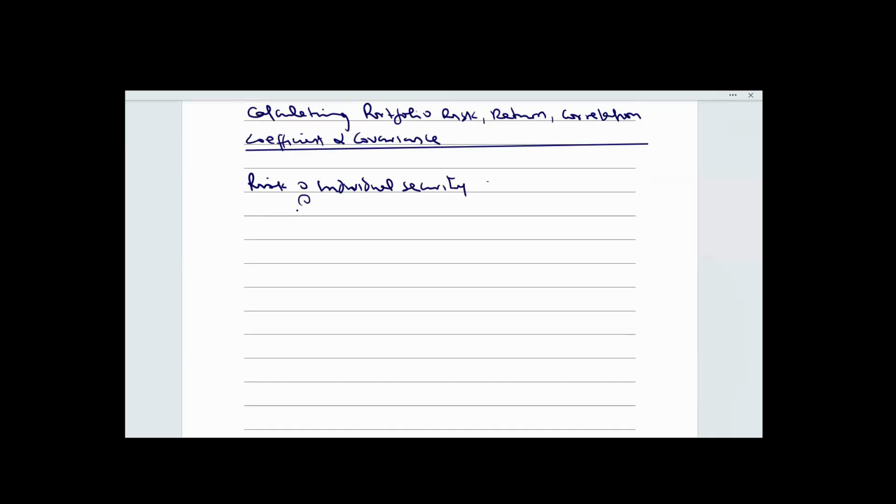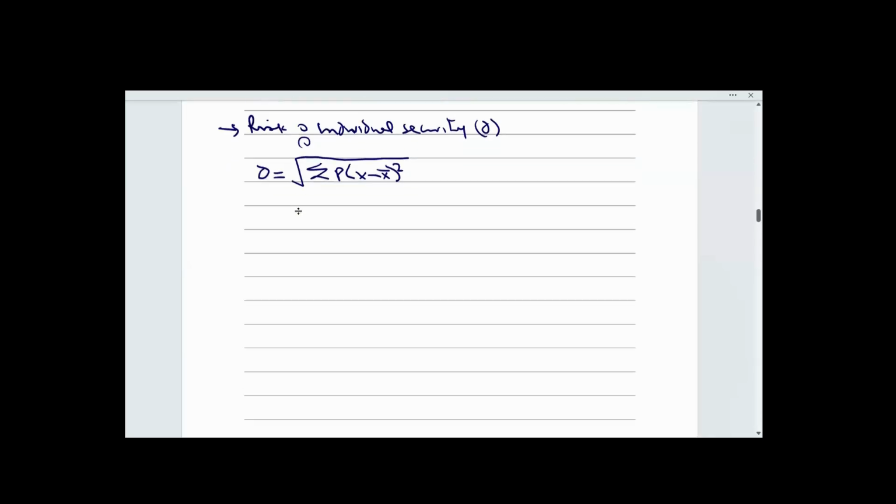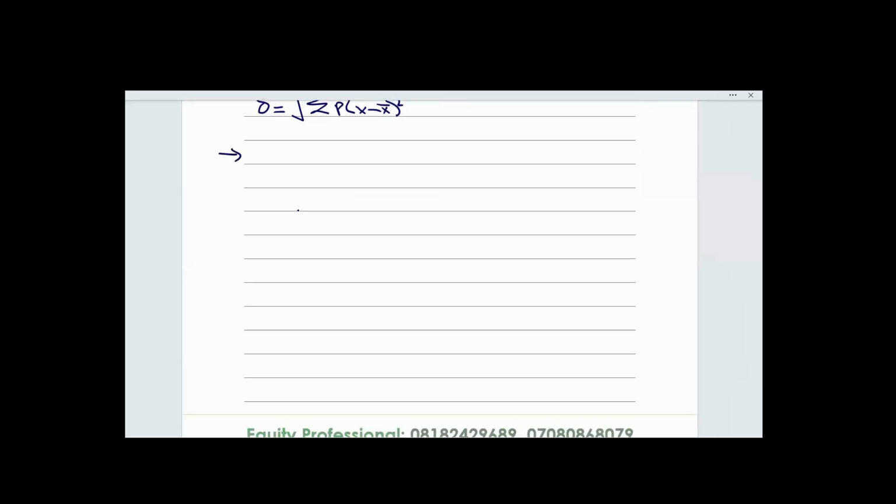The risk of an individual security, as measured by standard deviation, is computed as the square root of variance, which is the summation of probability times (X minus X bar) squared. So anytime you want to estimate the risk of an individual security in a portfolio, this is the formula you are supposed to use. Then, how do you estimate the risk of a portfolio, or portfolio risk?